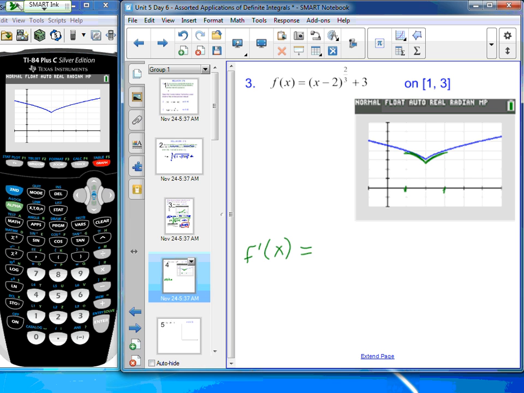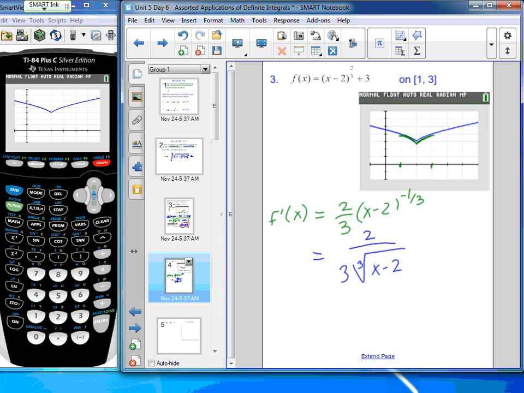That would be given by power rule, exponent times the base raised to 1 less, times derivative of the base, and so isn't that just 2/3 quantity x minus 2 to the negative 1/3? And that's the same as 2 over 3 cube root of x minus 2, depending upon how you'd like to write that.